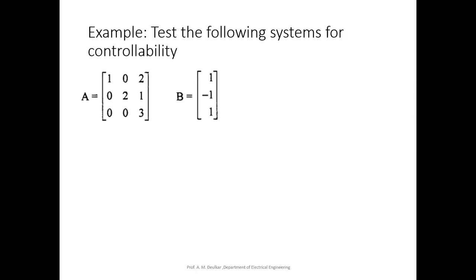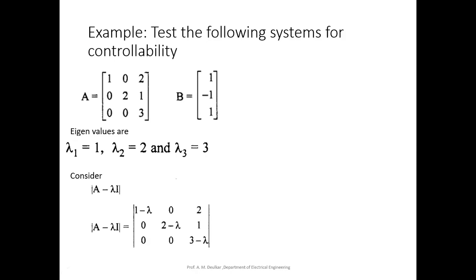How do we get the modal matrix? Using the eigenvalues. So let's first calculate the eigenvalues. The eigenvalues here are calculated as lambda 1 equals 1, lambda 2 equals 2, lambda 3 equals 3.